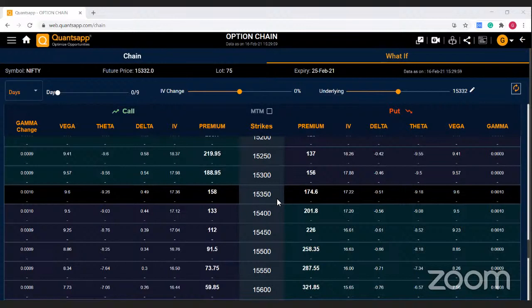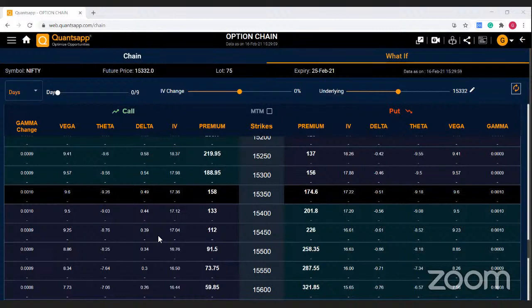I want to know what will happen to my option if I'm buying in the money, out of the money, or at the money. This is my at the money, which has been highlighted in black, very near to the spot price. The in the money options are highlighted in the green section, which tells you the option already has a portion of profit in it.